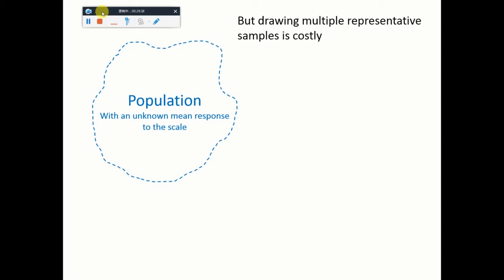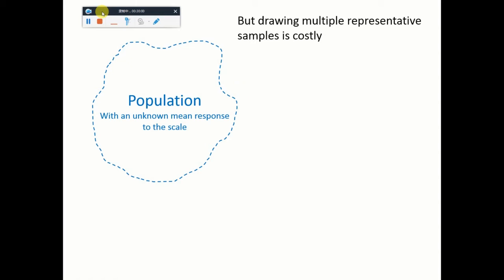But most of the time, as we said on the slides, drawing multiple samples from a population is very costly. That is, we don't usually have the time or the resources to draw more than one sample from a population.